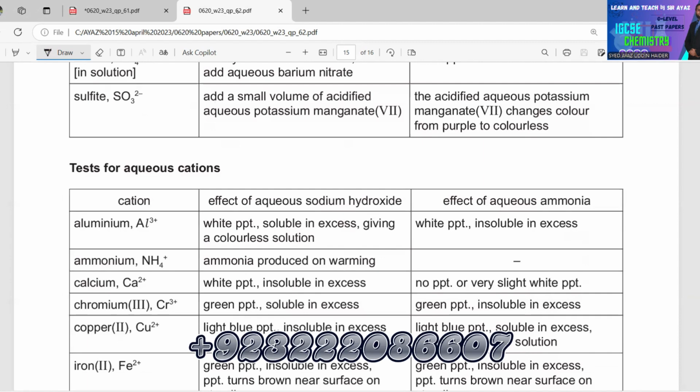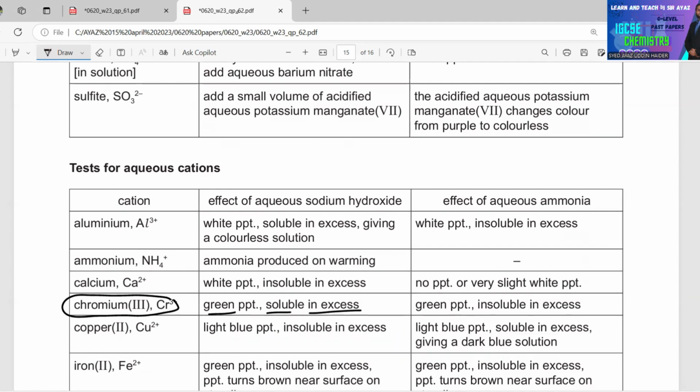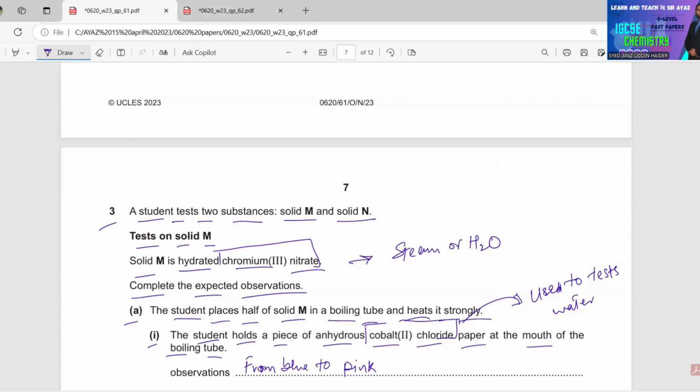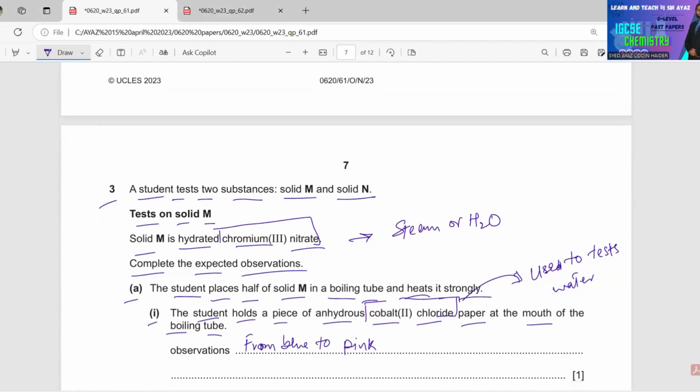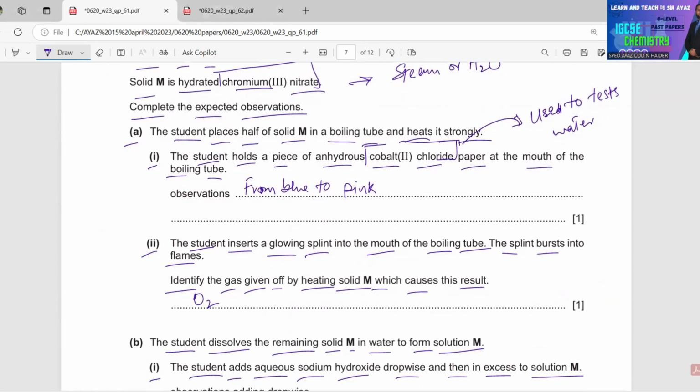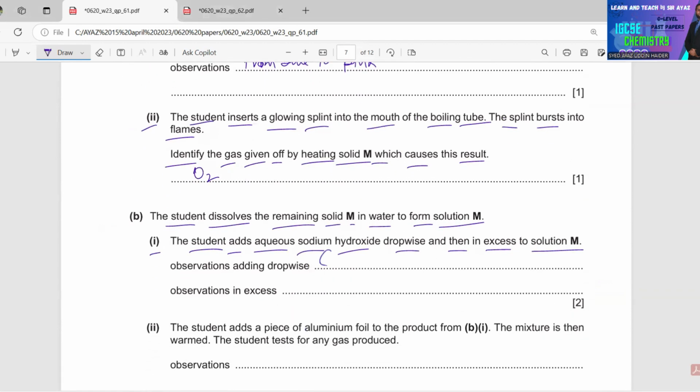So here's the cation. Where is chromium? There is chromium 3 plus. So it must be with aqueous sodium hydroxide, green precipitate, which is soluble in excess. So in dropwise you will write green precipitate. Observation in excess: soluble or dissolves.